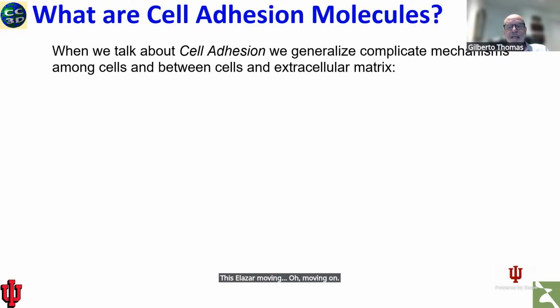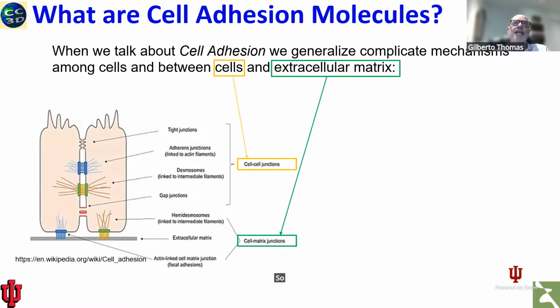So this is basically the types of connection the cells have between cell and cell here, and cell and substrate, extracellular matrix here.